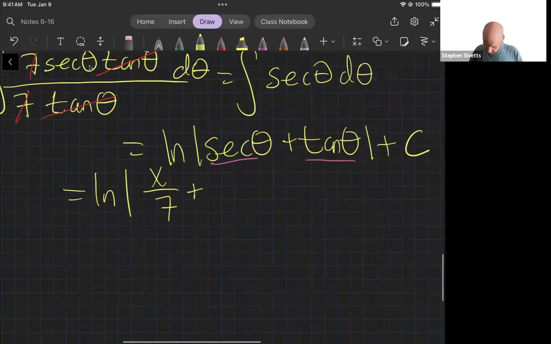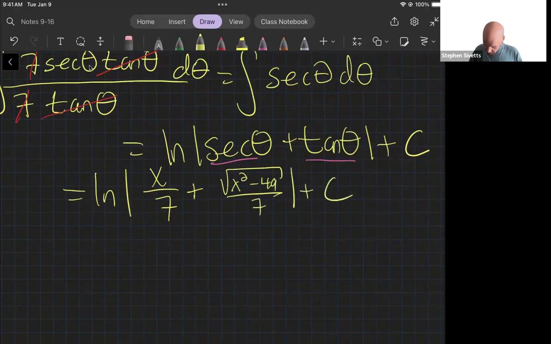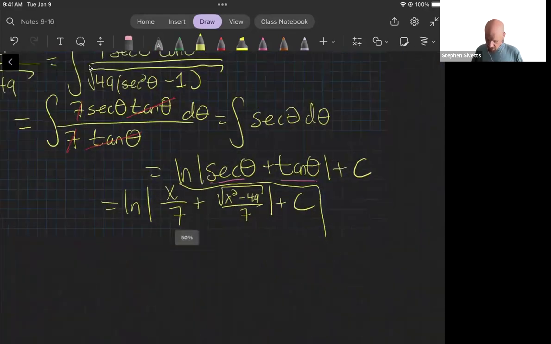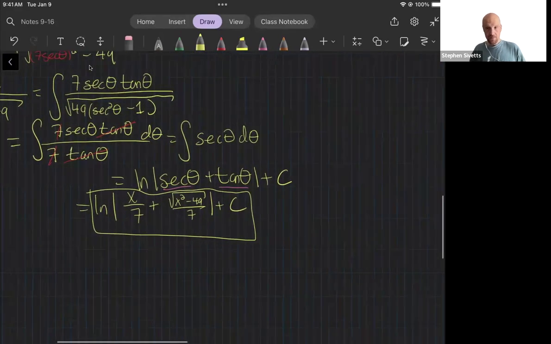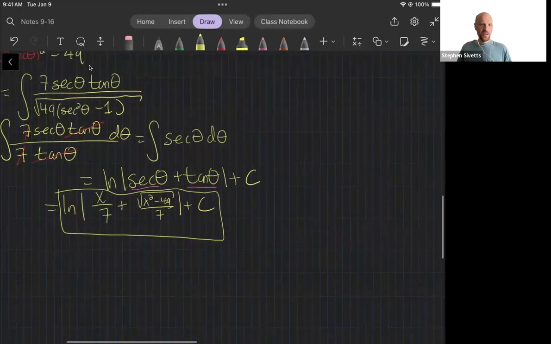So this is plus the square root of x squared minus 49 over 7 plus c. This right here would be our final answer: natural log of x over 7 plus the square root of x squared minus 49 over 7 plus c.